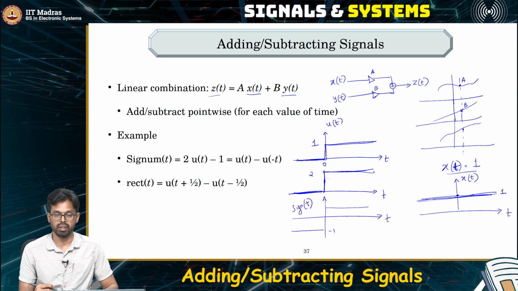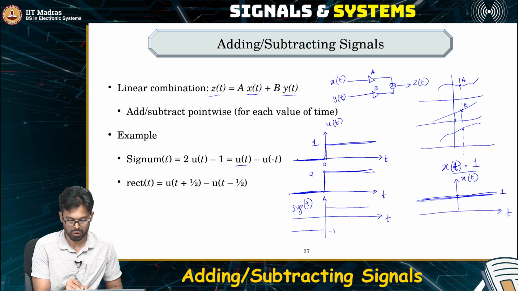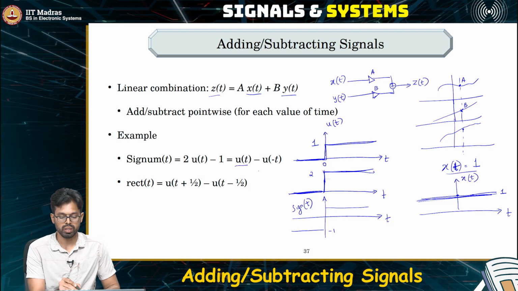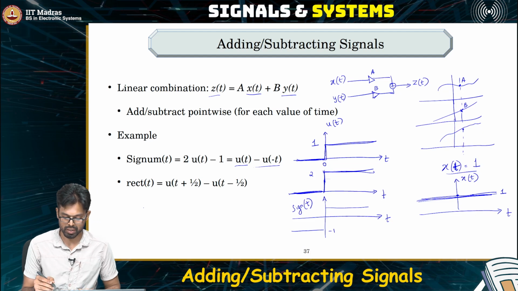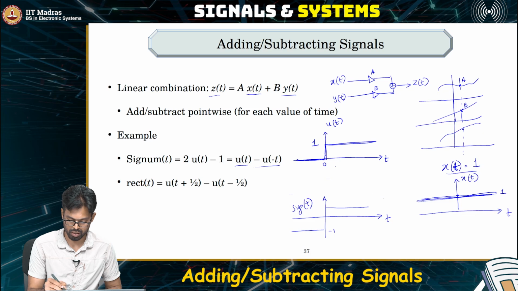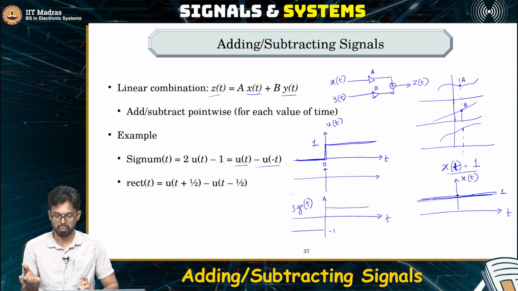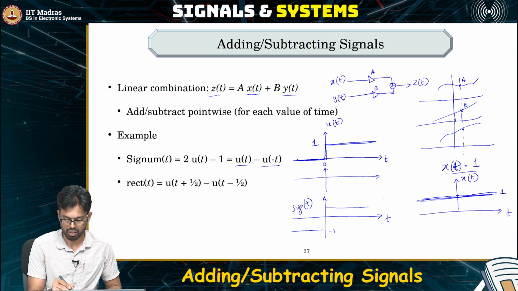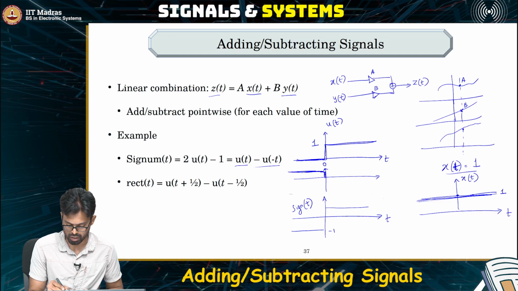You can get the same thing in a different way also. All you have to do is just take u of t and then add it with minus of u of minus t. So what is u of minus t? u of minus t is just the time reversal of the signal, which is just moving everything on the right-hand side to the left-hand side.